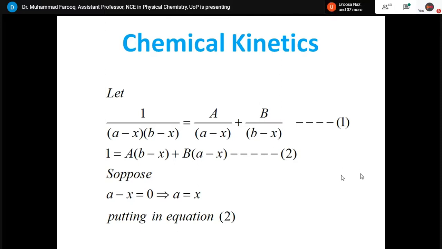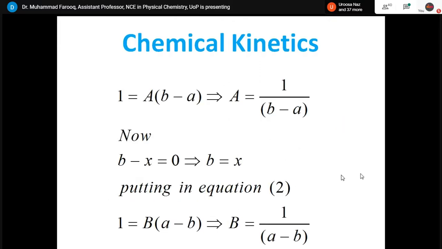I will be left with 1 is equal to b into a minus x. But I have put b because b is equal to x, so instead of x, I have already put a minus b. Is this clear or not? Yes, sir. Now b is equal to 1 over a minus b. Is this clear or not?